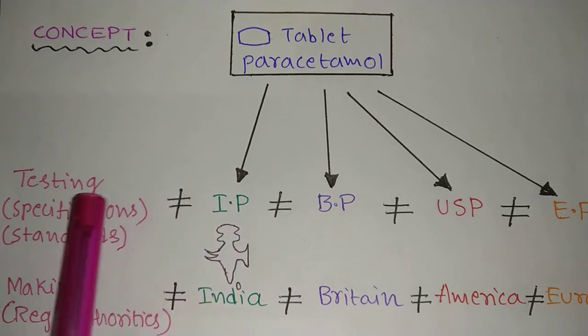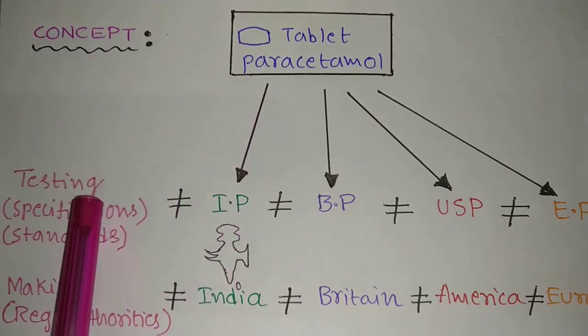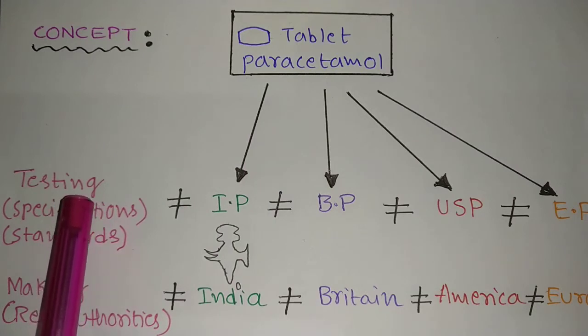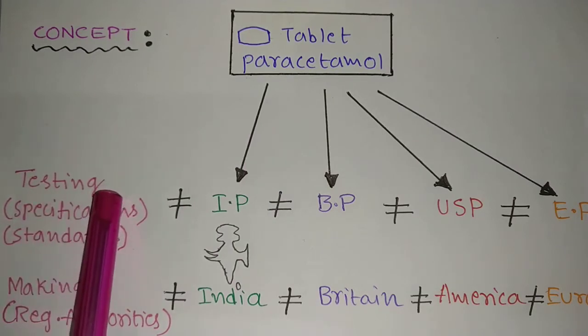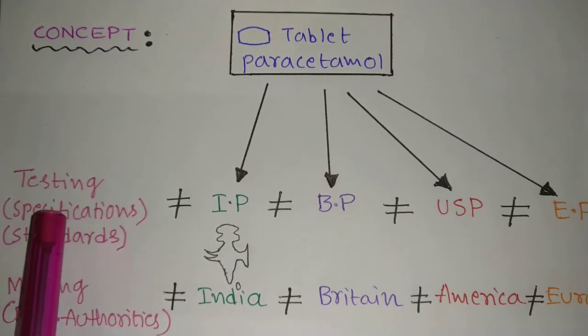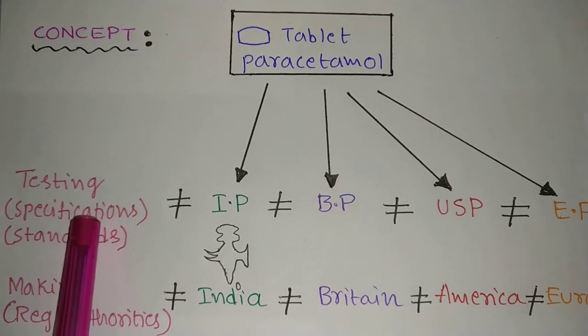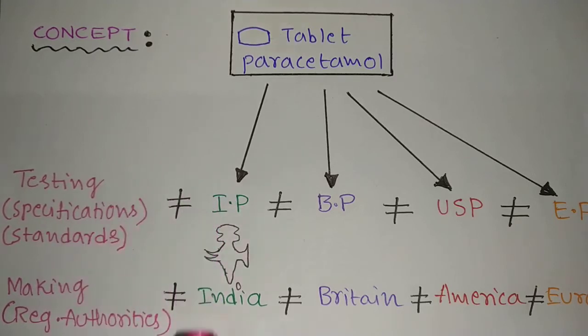IP consists of testing, how to test the tablets, drugs, formulations, etc. It has a testing procedure, specifications, limitations, and standards for each and every drug and each and every formulation.